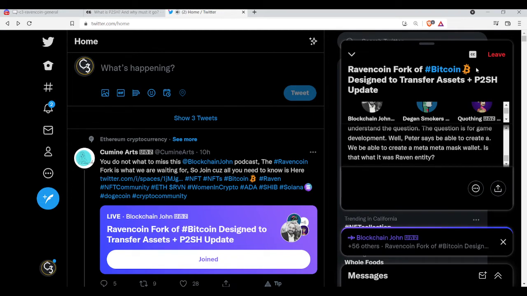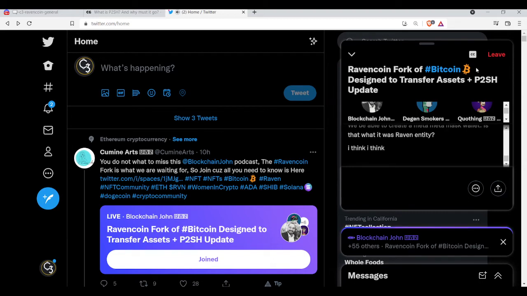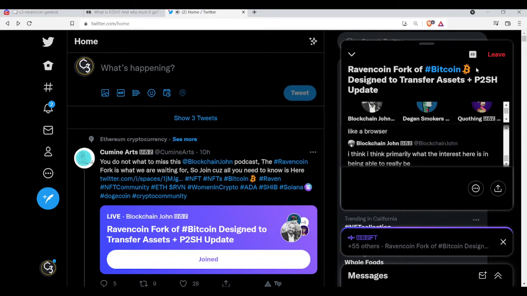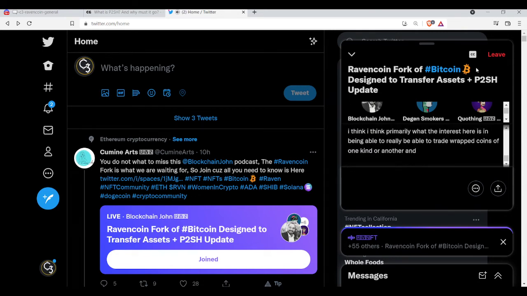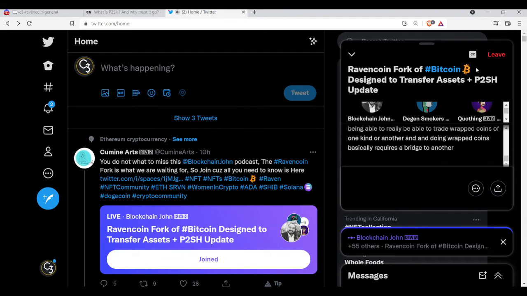Or do you have to wrap Raven? I think primarily what the interest here is in being able to trade wrapped coins of one kind or another, and doing wrapped coins basically requires a bridge to another chain so that you can trade assets on other chains, and bridging chains is specifically what hash time lock contracts are for, which require P2SH.